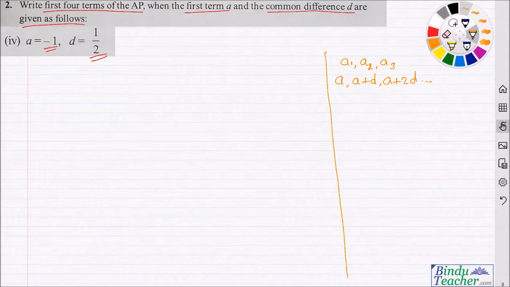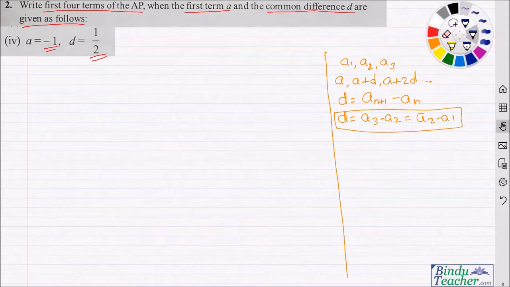Also, here we have the common difference, which is d. d can be calculated as a of n plus 1 minus a of n. For example, d equal to a3 minus a2, and this value should also be equal to a2 minus a1.